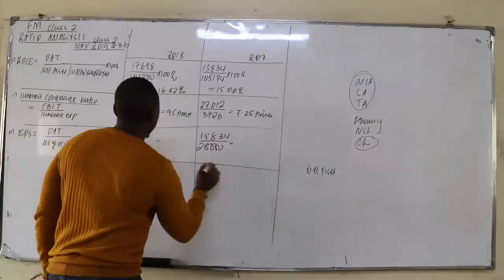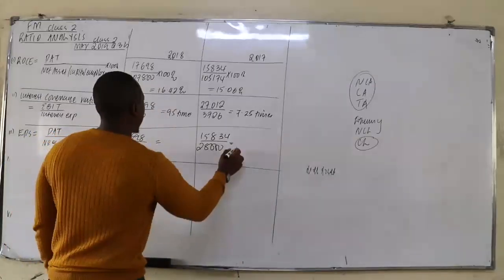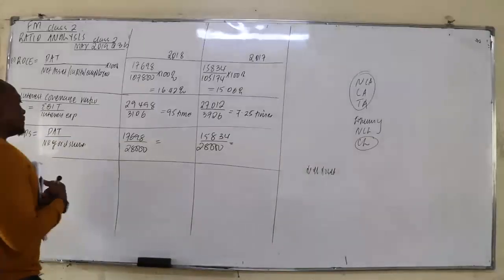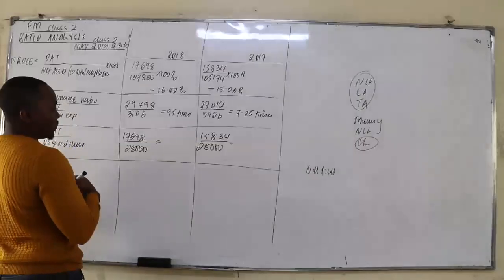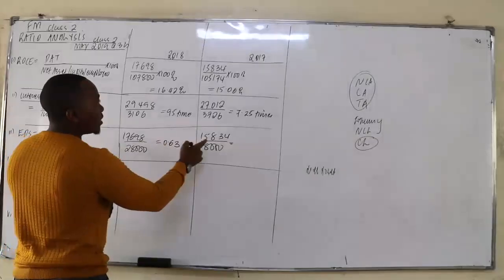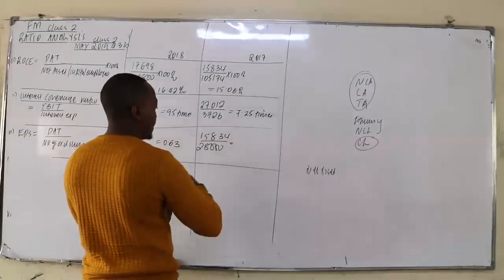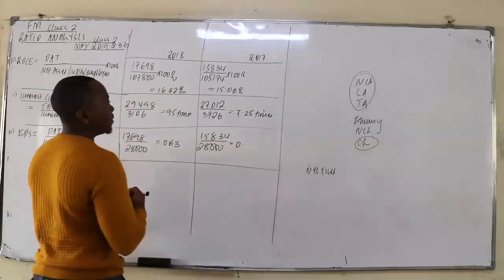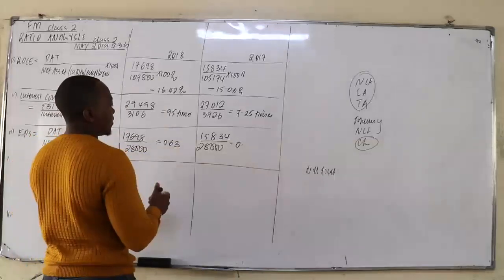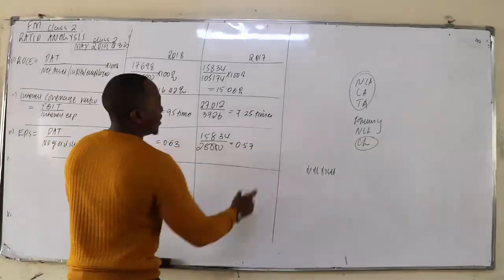So how much is the earnings per share? You're getting 0.63? 2017, 0.57.